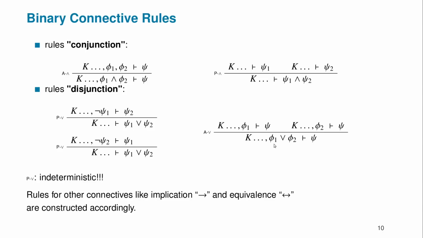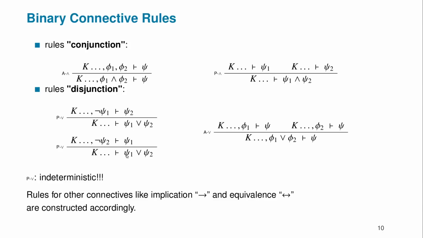And so we have to make this case distinction, because whenever the assumptions are true, then also psi should be true, and we consider the case that phi1 is true, and we consider the case that phi2 is true. Yeah? So we have this case split here.